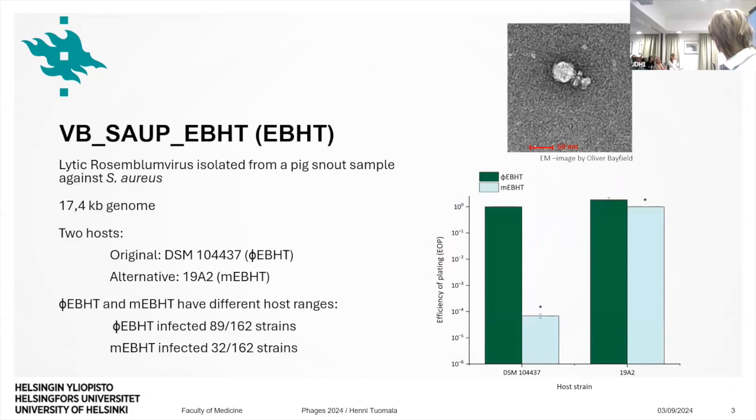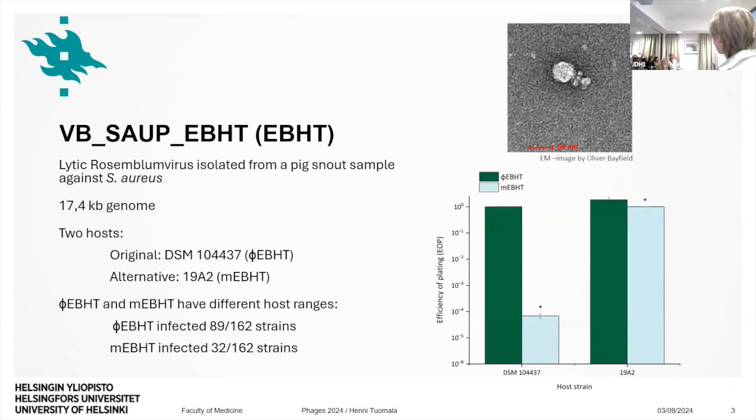The topic of the talk is the small phage EBHD, a lytic Rosenblumvirus isolated from a pig snout sample against a clinical Staphylococcus aureus strain, DSM 104437.